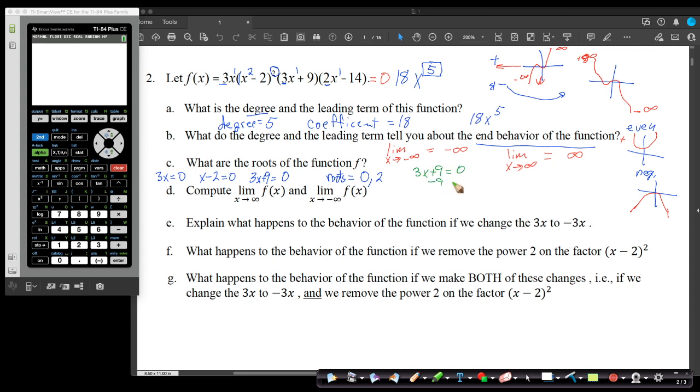We will subtract 9 from both sides, and then we'll divide both sides by 3. So we're going to get x equals negative 9/3, which reduces down to negative 3. 9 divided by 3 is 3, so negative 3 is another one.